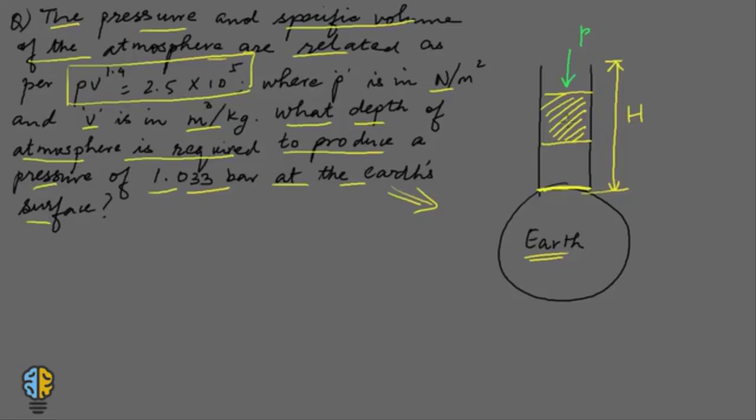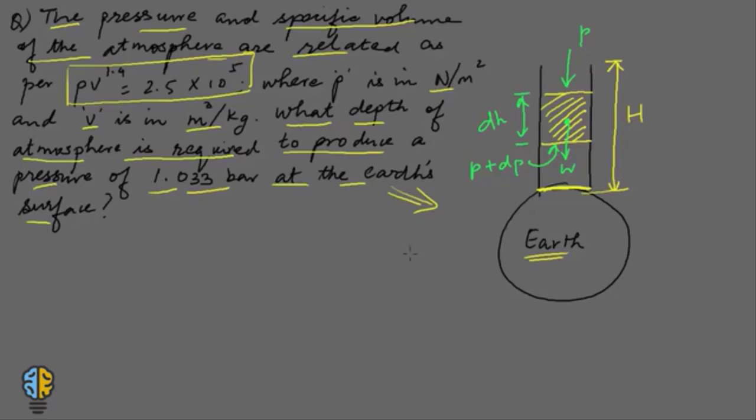There is a weight of this volume of atmospheric air that acts in the vertically downward direction, and there is an upward force which balances this elemental atmospheric height, which is P plus dP, and the elemental atmospheric column height is d small h.